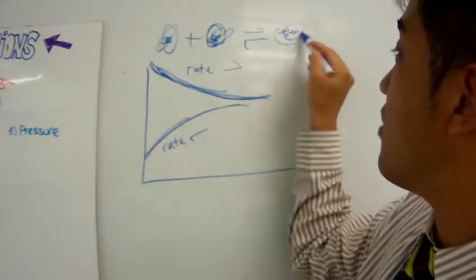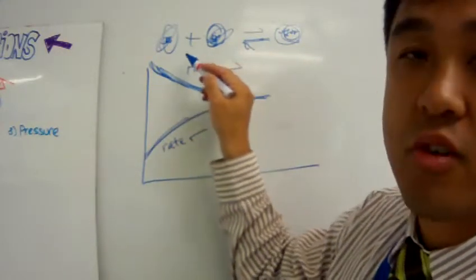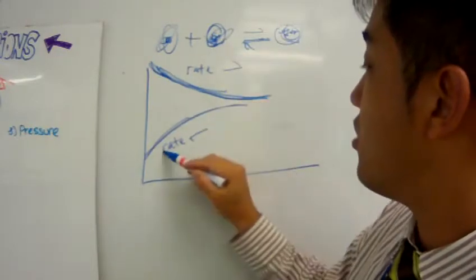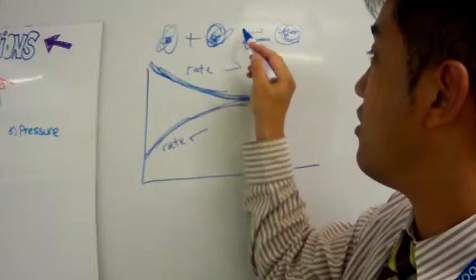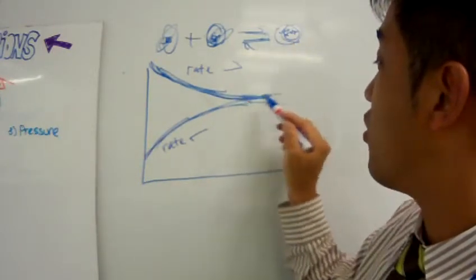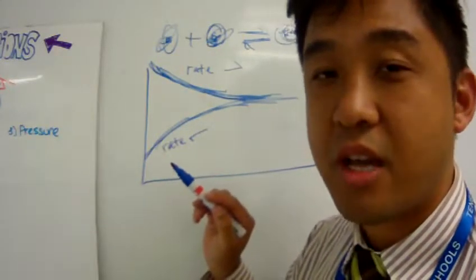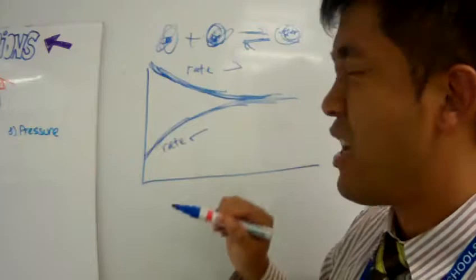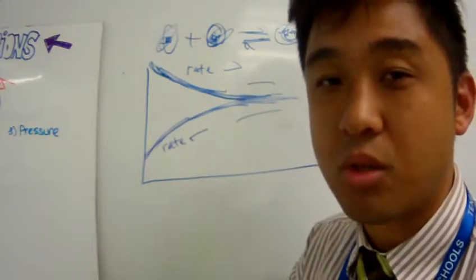But eventually you make more products, and some of the products are going to revert back into the reactants, so the rate of the backward reaction goes up, and the rate of the forward reaction goes down because more reactants are forming products. And so the two rates are going to converge, and the forward and backward rates of the reaction are going to be equal.